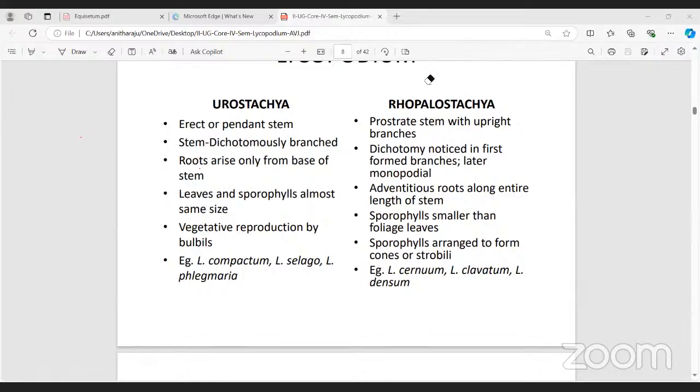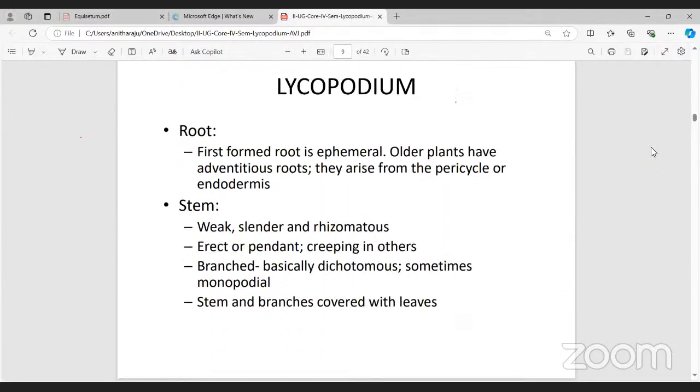Now next one. Now Lycopodium. Let's discuss one by one.